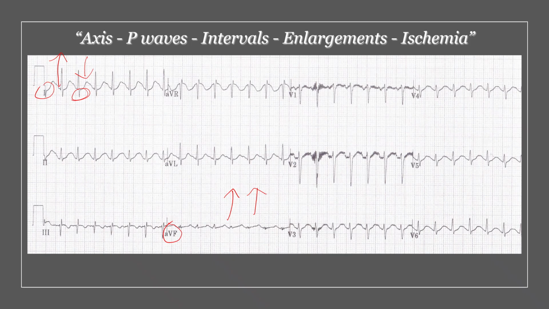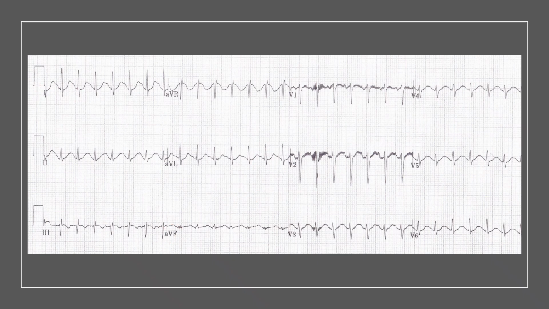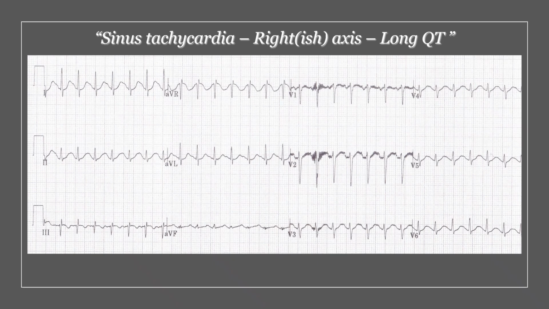In terms of chamber enlargements, I can't really see clear obvious signs of chamber enlargements here, and again that's something that we're going to cover in the future. And from the ischemia point of view, again no clear signs of significant ST deviation or T wave changes. So in summary, we've got sinus tachycardia, rightish axis deviation, and a long QT interval.